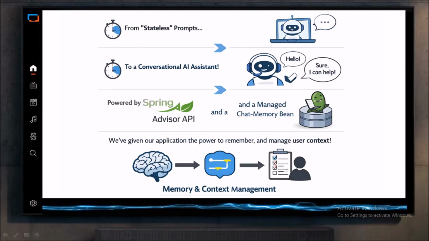And viewers, there you have it. We've officially moved beyond simple stateless prompts and built a truly conversational AI assistant. By combining Spring AI's Advisor API with a managed chat memory bean, we've given our application the power to remember and manage user context.